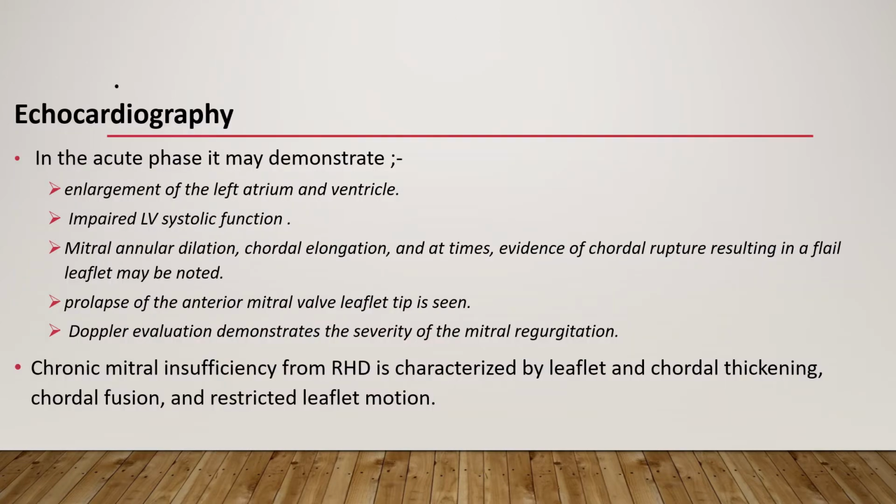When we see the echocardiography of mitral insufficiency, echocardiography in the acute phase may demonstrate enlargement of the left atrium and the ventricle. Left ventricular systolic function can be impaired if there is also a component of myocardial inflammation. And also the main echocardiographic features of acute rheumatic carditis: mitral annular dilatation, chordal elongation, and chordal rupture, which result in flail leaflet, might be noted.